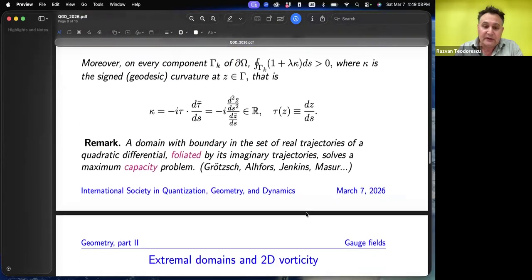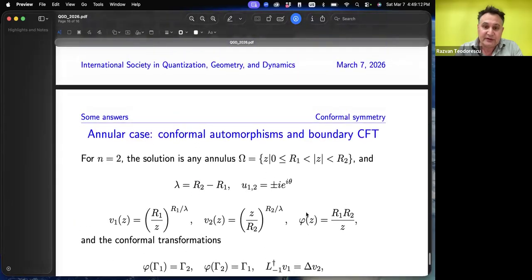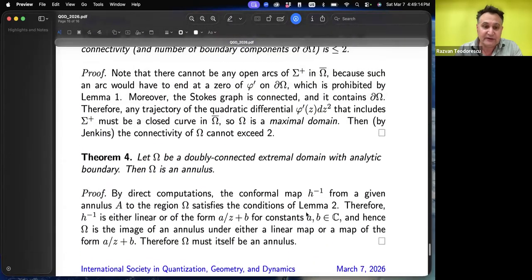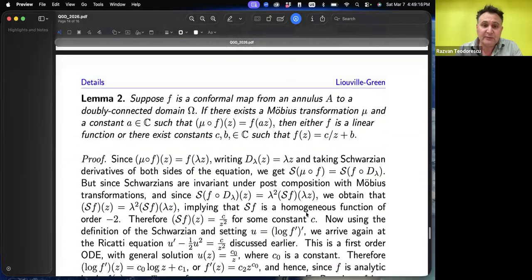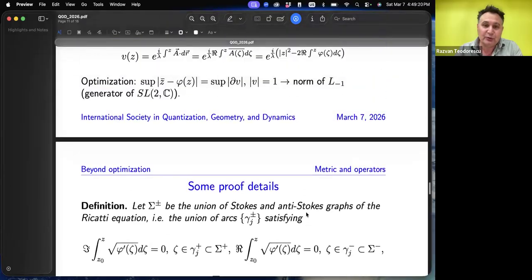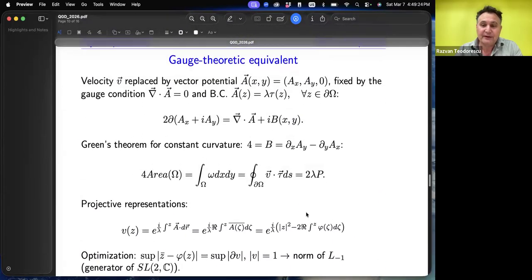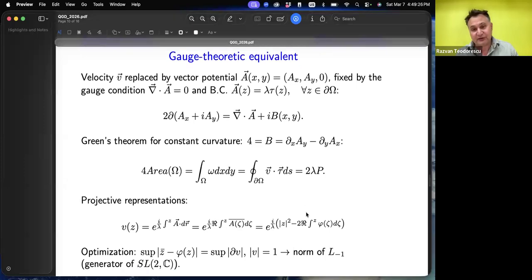So let me go a little bit faster over these details. Let me, just a second, go straight to the interpretation, and then I will give a few details on how exactly the resolution comes about.